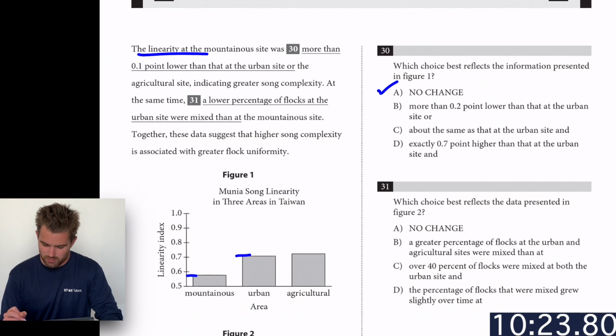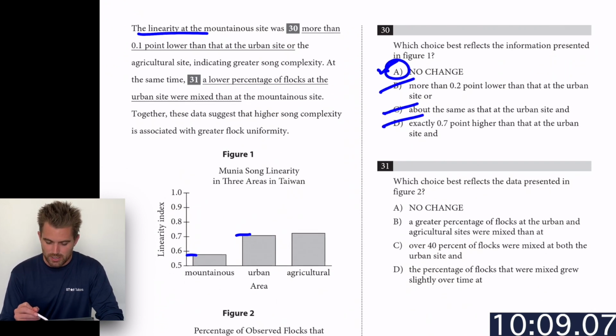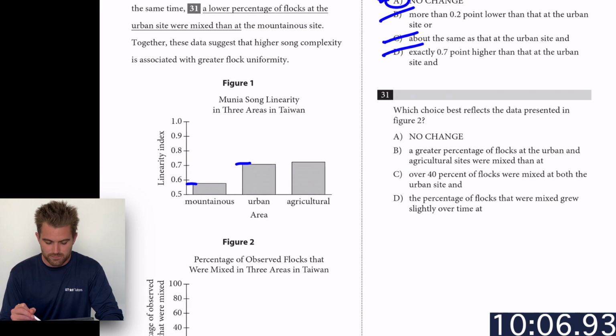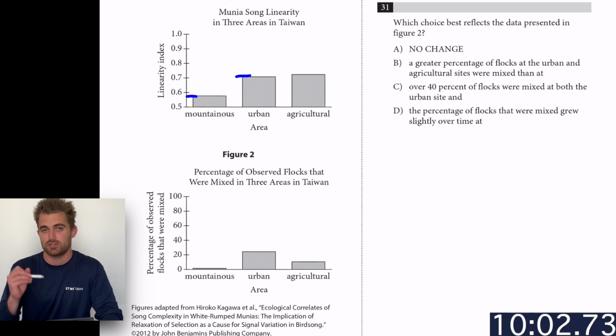More than 0.2 lower than that of the urban site? No, it wasn't more than 0.2, it was like 0.7 to 0.58 maybe. About the same as the urban site? No, that's clearly not. Exactly 0.7 higher? No, it's got to be A, right? That's based on this direct graph. Just go back and look. Again, try to see if you can go down to figure 1 and just analyze the results. Anytime you get a figure on the reading section or on the writing and language section, take that into account.